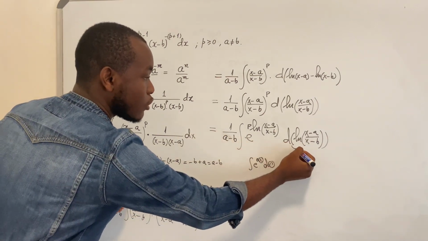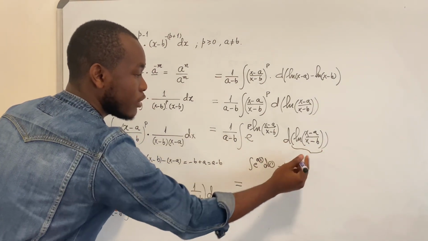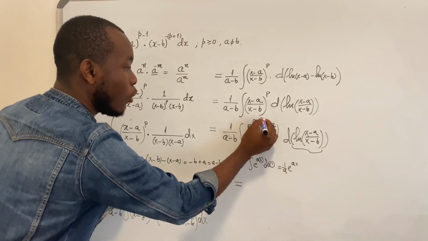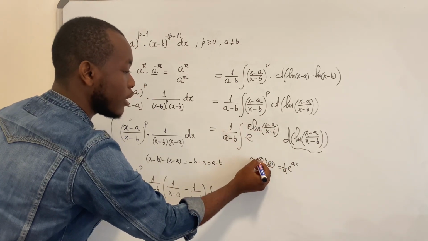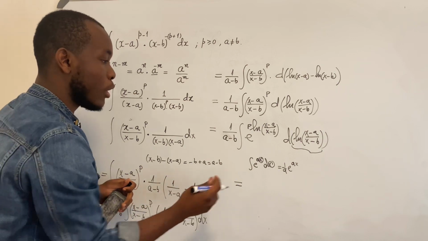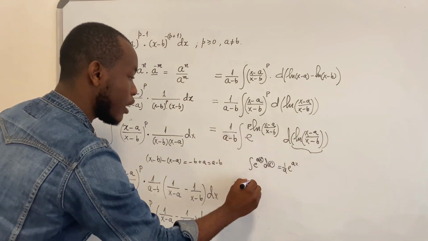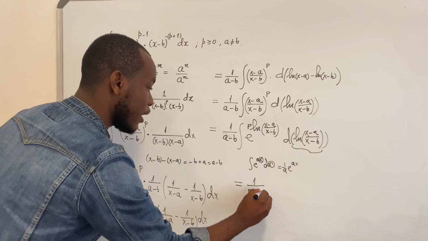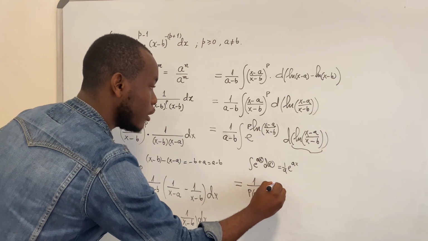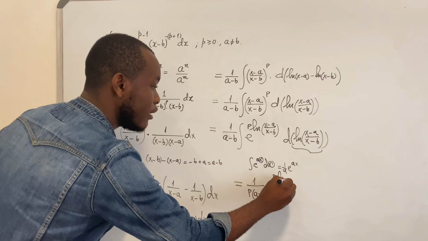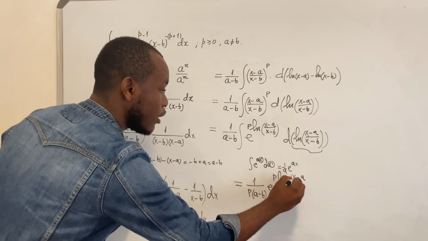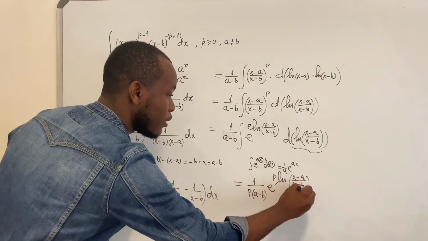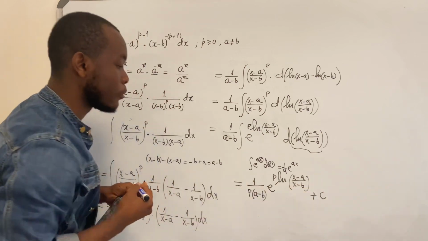My dx, all of this is my argument. It's like my x. And all of this is like my x as well. And I have a is p. So applying this approach here, that means our answer will be 1 over p times a minus b, Euler to the power p ln of x minus a over x minus b, plus c.